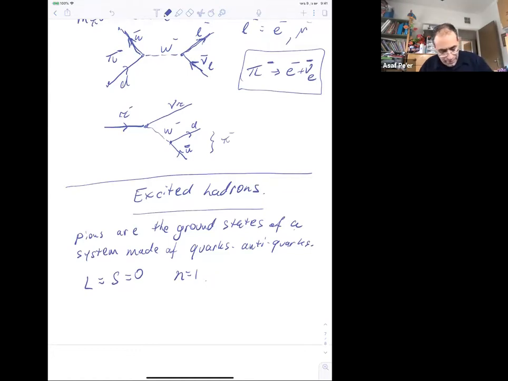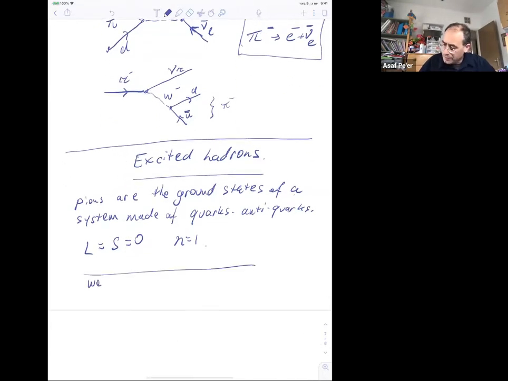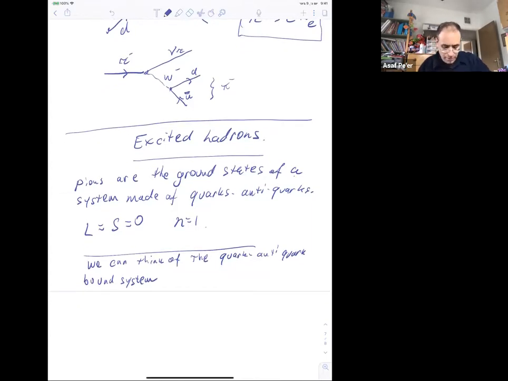So we think of the quark, anti-quark bound system, in analogy to the hydrogen atom, and consider excited states.